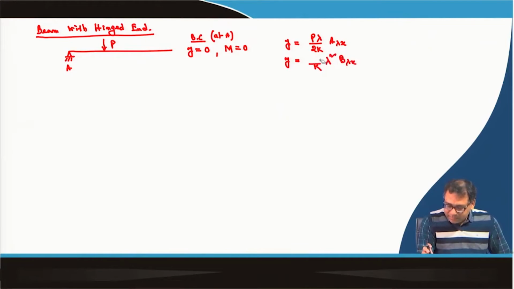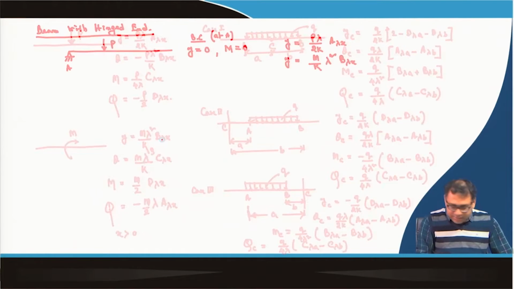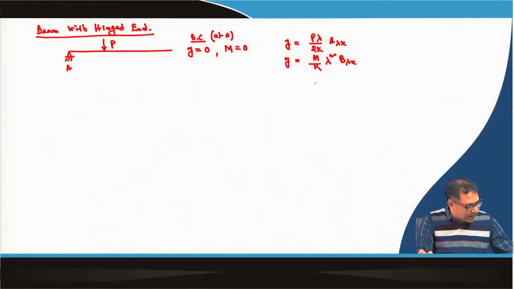Okay, I am putting this as M0. So, these expressions are given: the deflection M lambda square by k B lambda x.